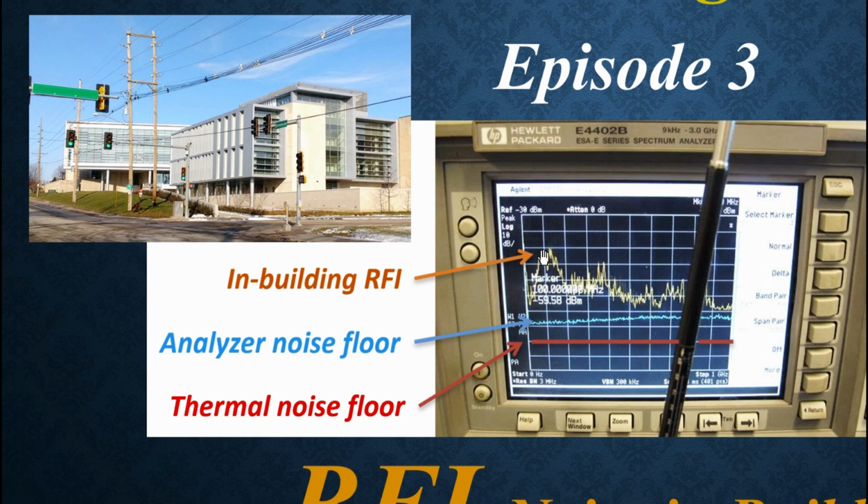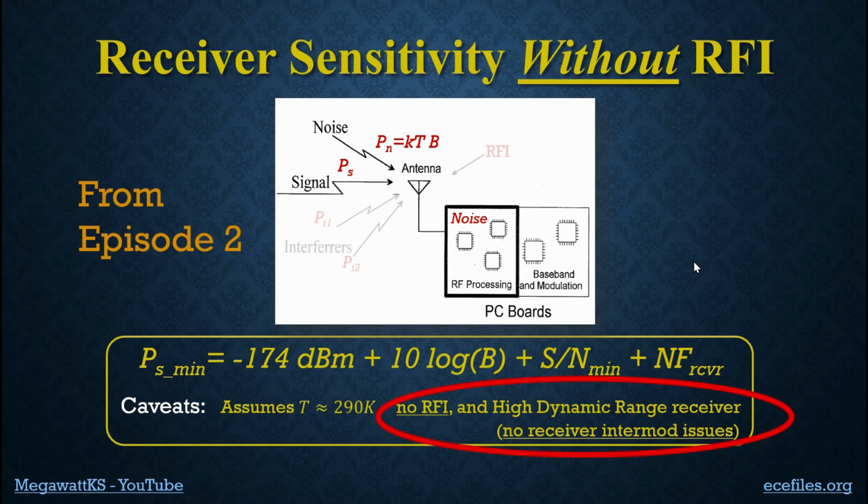But the spectrum we see is this, and this may look like there's a whole bunch of signals here, and there are a few poking their heads up, but most of this is radio frequency interference. So what that means is this equation doesn't tell us everything we need to know. The weakest signal we can receive may be 10, 20, or even 60 dB higher than this equation might imply.